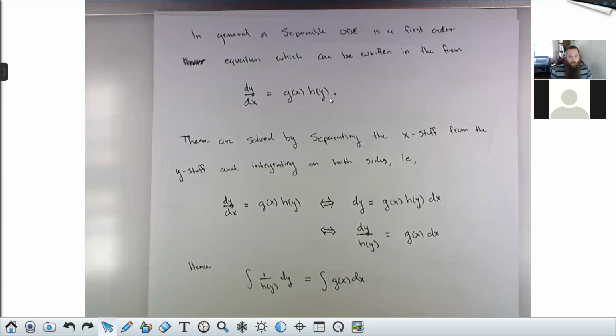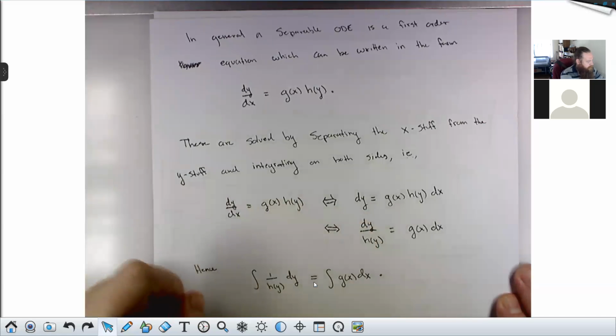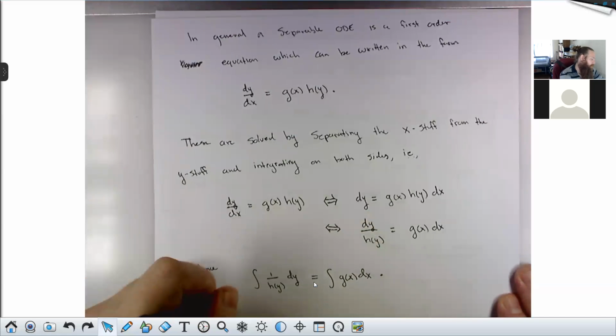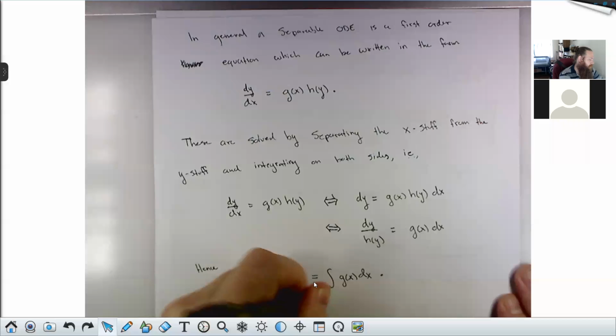And now you've got it, right? You'll have some expression involving y over here. You'll have some expression involving x over here, and then a plus c. And then you try to solve the resulting equation for y. So let's say then, if possible, solve for y.